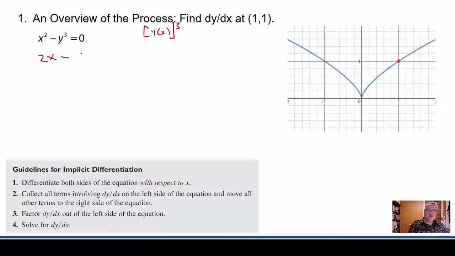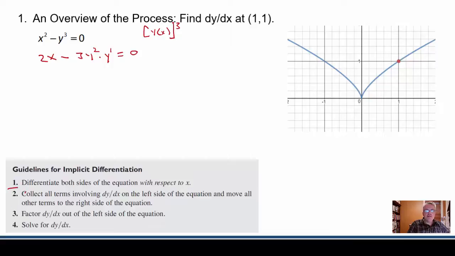So it's 3y squared times y prime: 3 times the inner function to one less power, times the derivative of the inner function, y prime, which is what we're trying to find. The derivative of the right side, 0, is 0. So we completed the first step.